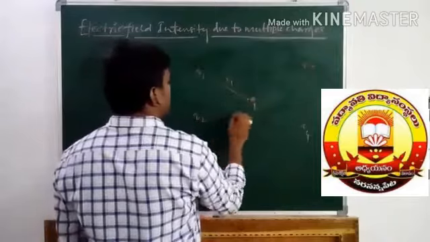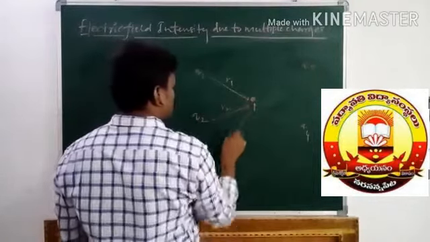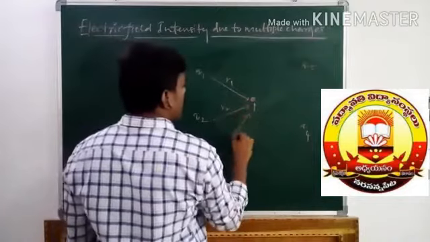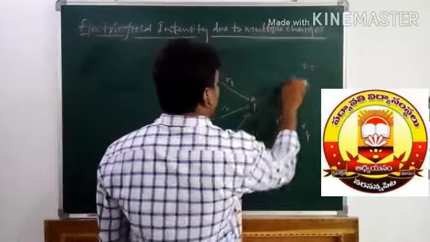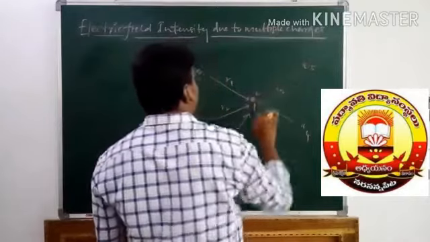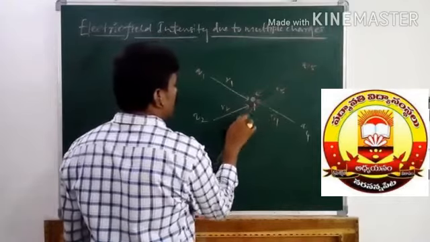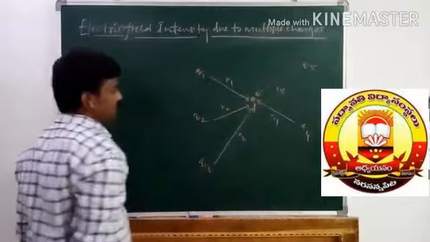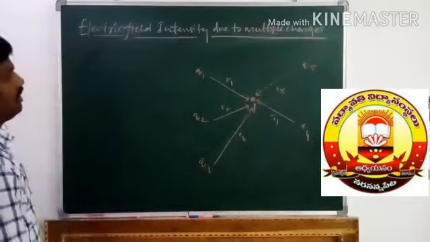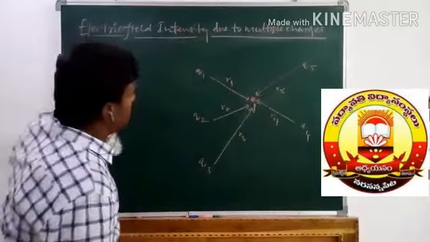Point P is at a distance R1 from Q1, R2 from Q2, R3, R4, and R5 from the others. So at point P, if you want to find the electric field intensity due to all these charges, then it will be the vector sum of all the individual intensities.